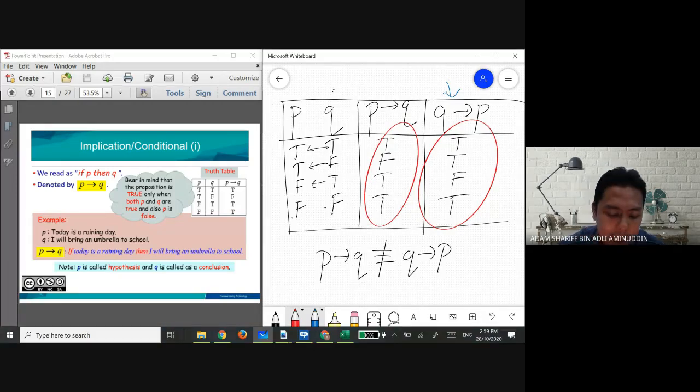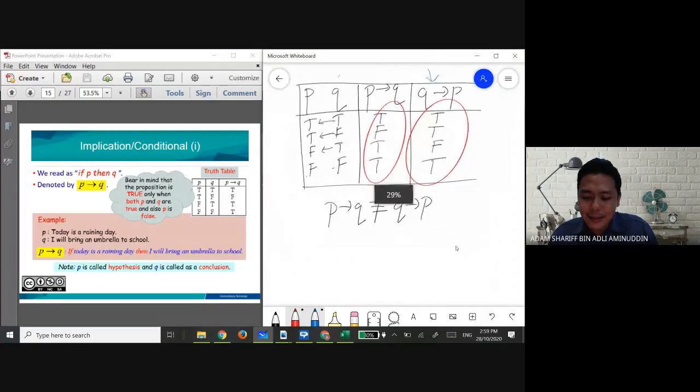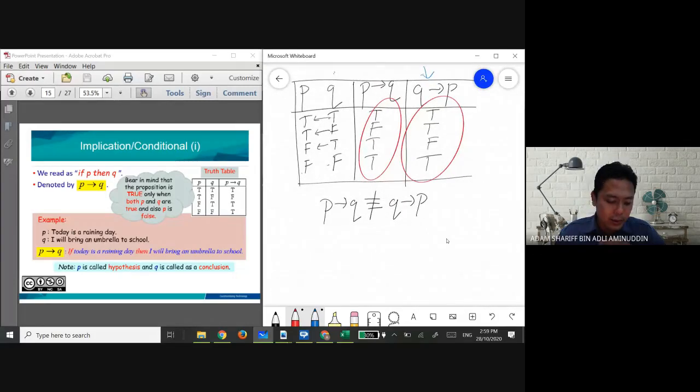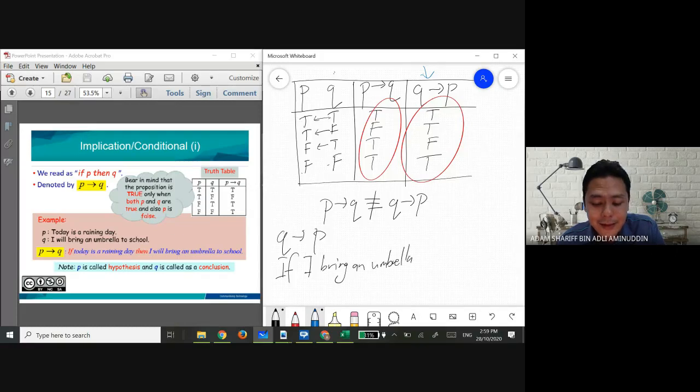Kalau kita tukar dalam English pun dia tidak sama. Alright. What I meant with tukar dalam English dia tidak sama, please refer to the slide on the left. P implies Q says that if today is raining, then I will bring umbrella. Q implies P, dia jadi if I bring an umbrella, then today is raining.